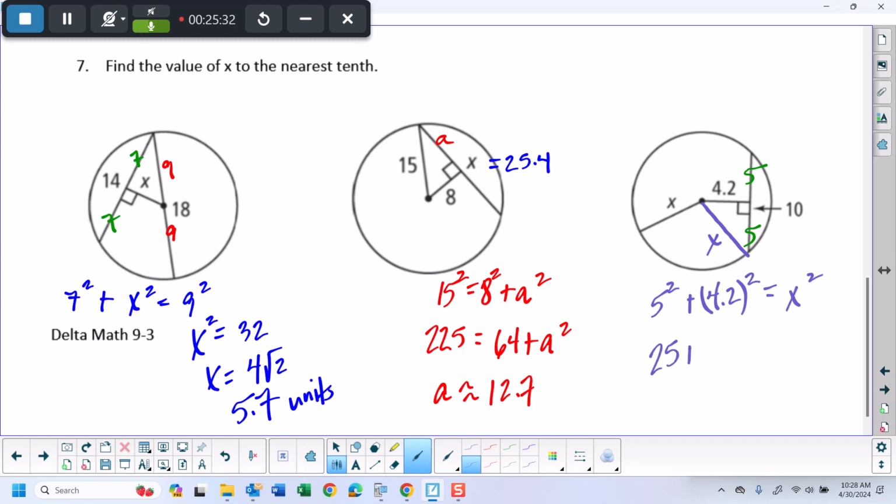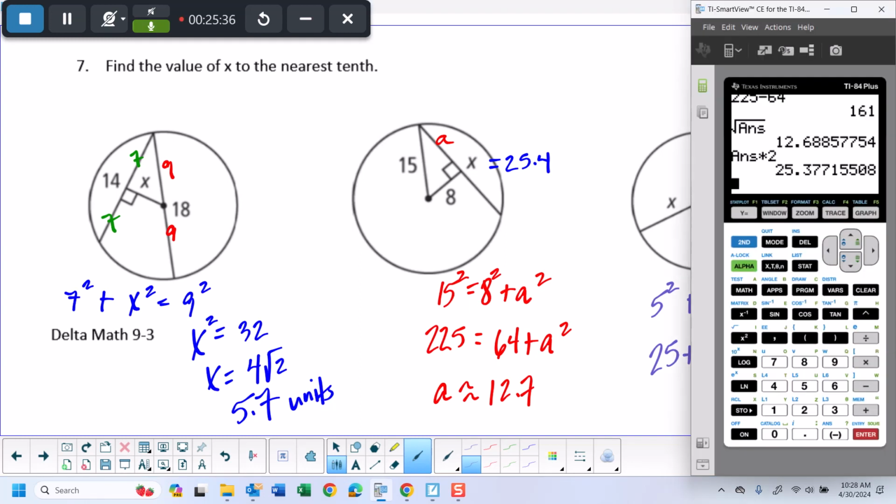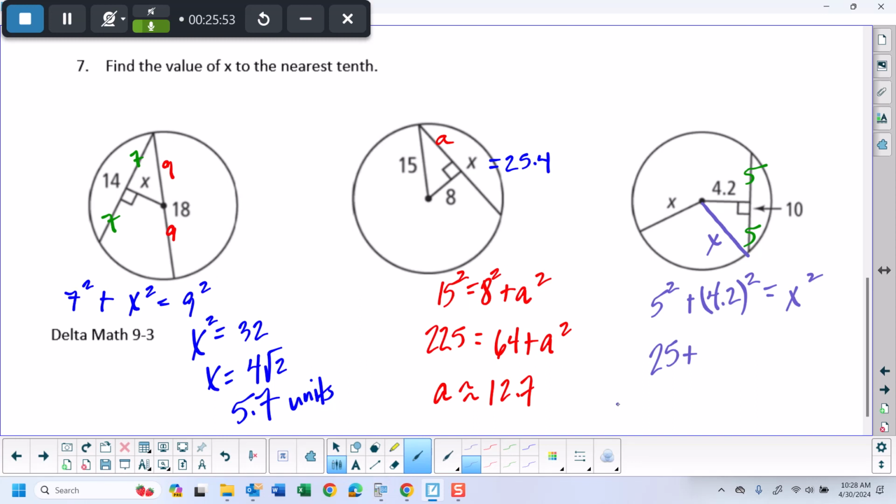So 25 plus 4.2 squared, plus 25, is equal to, second radical, second answer, 6.5. So that means that x is equal to 6.5. How are we doing on that?